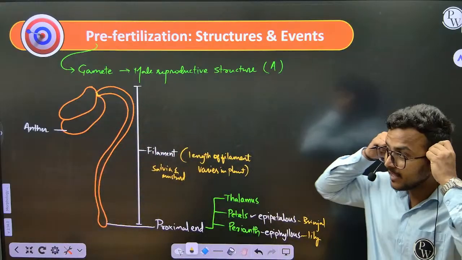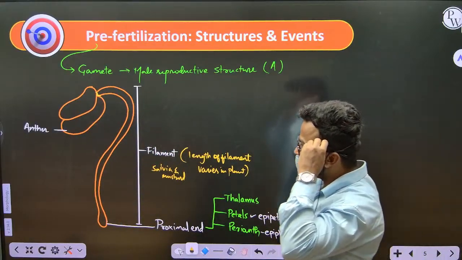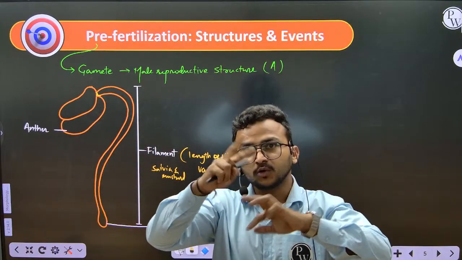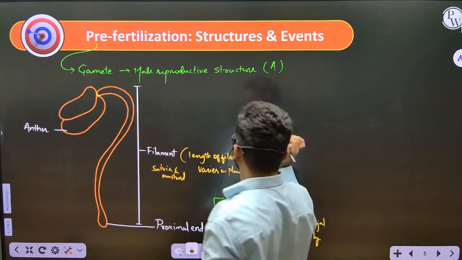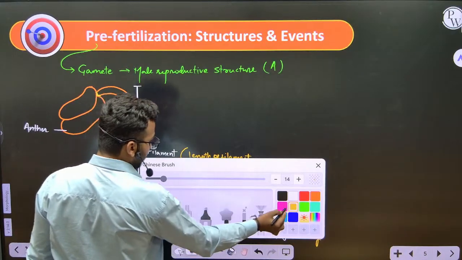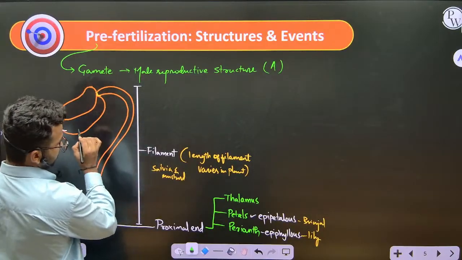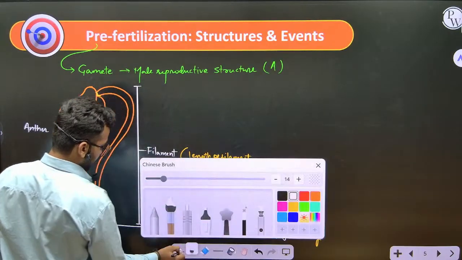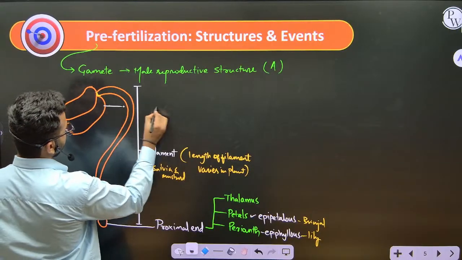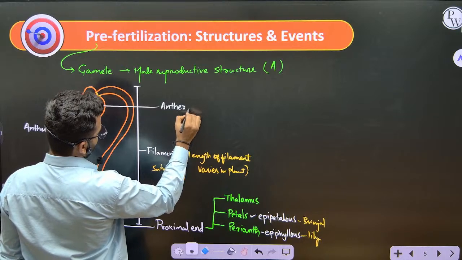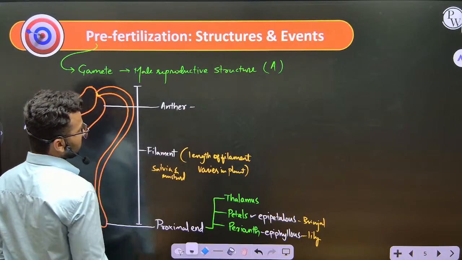If you see the anther's shape and size, it has two lobes. The anther is in the bilobed condition.